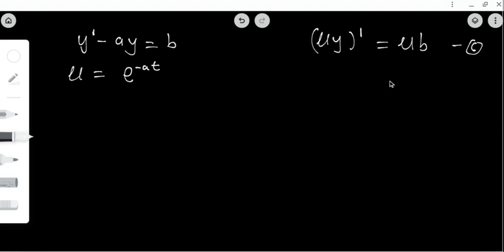Yes. So this was equation 6. Now that we know our integrating factor, we can just go ahead and substitute it here.